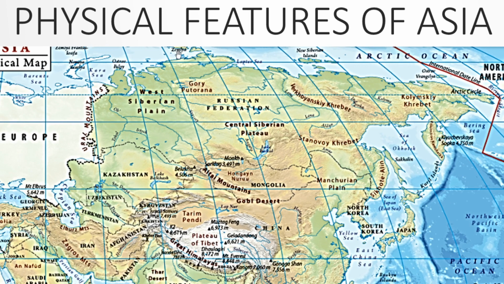Since this Arctic Ocean is frozen most of the year round, these rivers are not able to channelize their water into the Arctic Ocean. As a result, a large marsh or swamps get formed in this particular region.